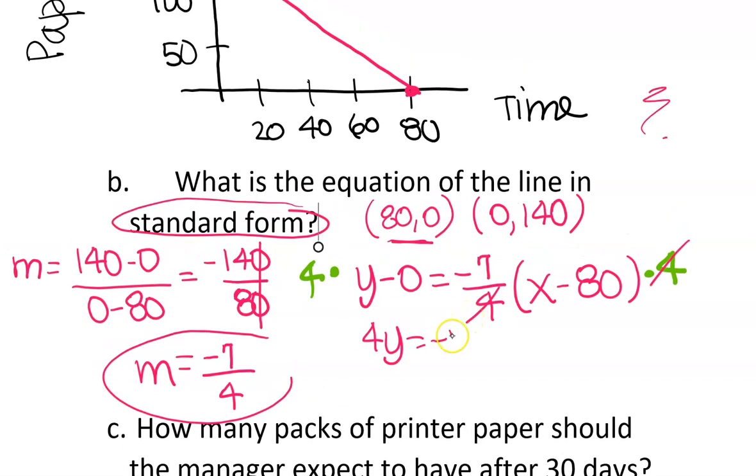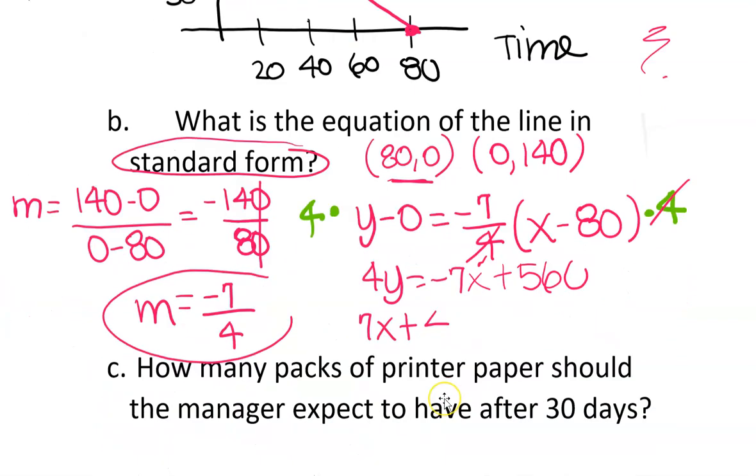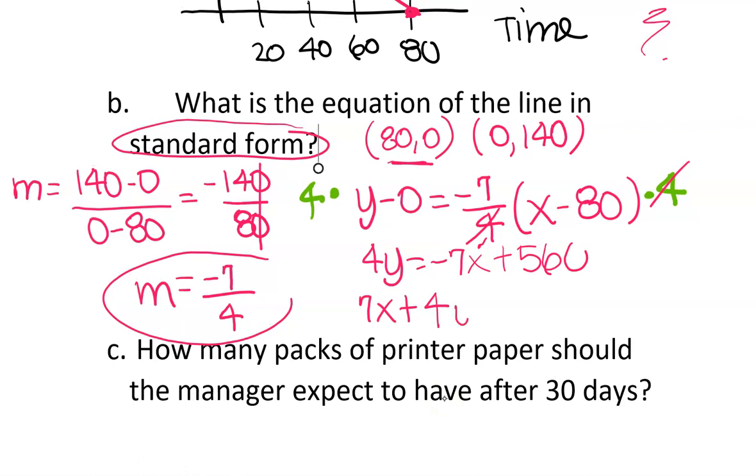There we go. And then negative 7 times negative 80 would be plus 560. And then if we get these 7x on the left, we get 7x plus 4y equals 560. And there's my equation in standard form.